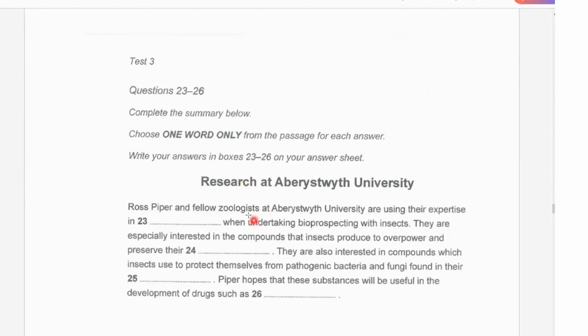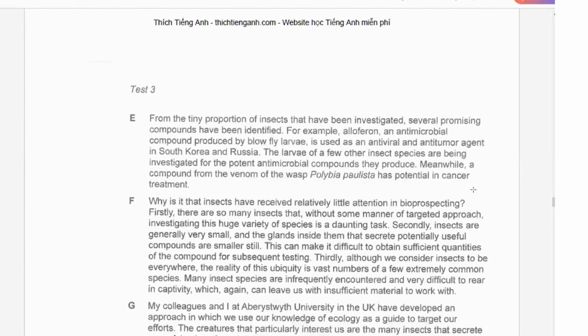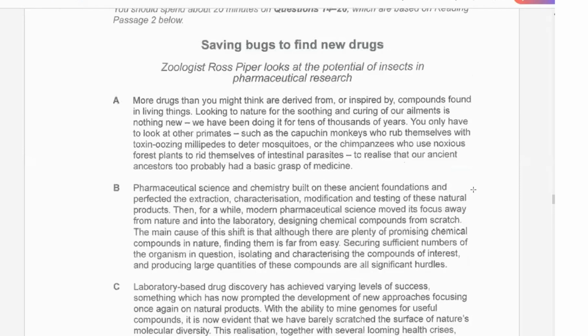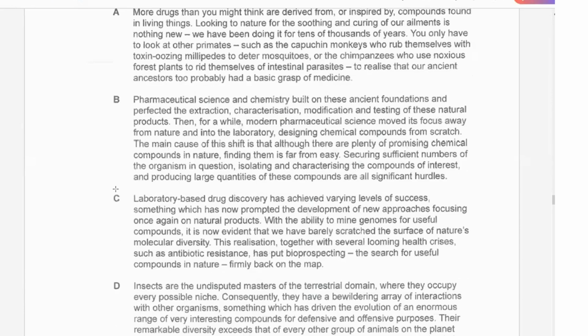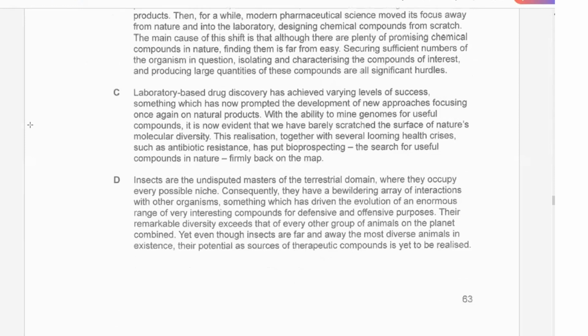So I'll go straight to the passage. I'm looking for Aberystwyth. I can't see Aberystwyth in paragraph A. Paragraph B, Aberystwyth. Paragraph C, is there Aberystwyth here? No. Paragraph D, there's no Aberystwyth in paragraph D either.